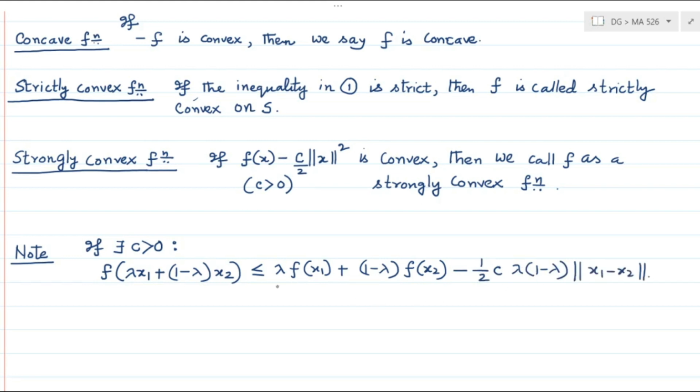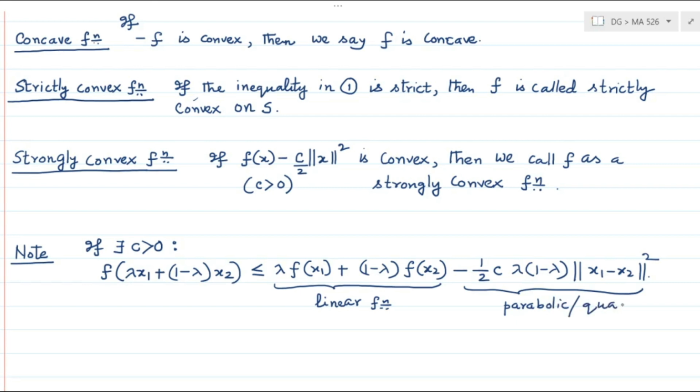Fine. Here note that we have seen that this expression on the right hand side is a linear function, right? Precisely, it is the chord joining the points (x1, f(x1)) and (x2, f(x2)), and therefore it is a linear function. And this part is a parabolic or quadratic. Fine.